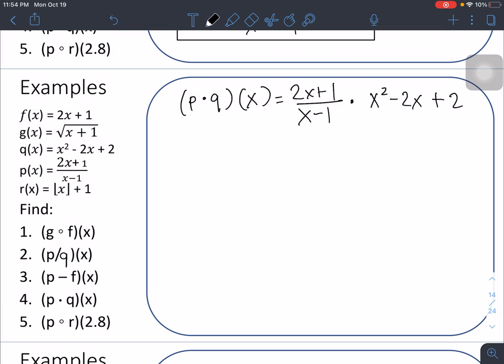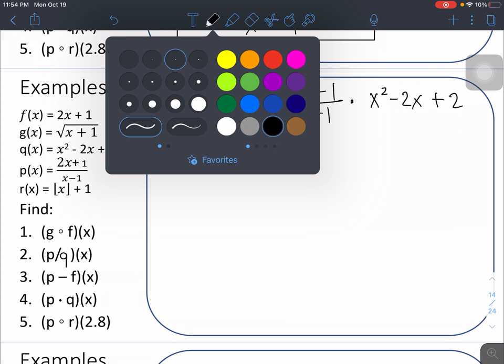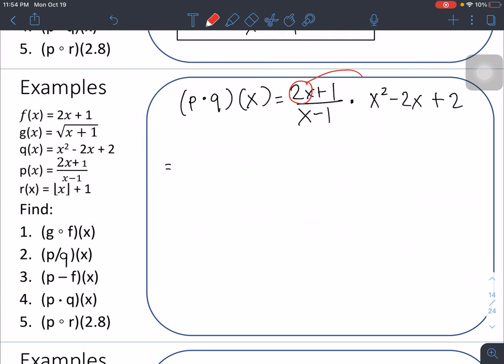Okay, so this will be 2x plus 1. So multiply 2x to all the terms inside this, and positive 1 with all the terms inside this trinomial.